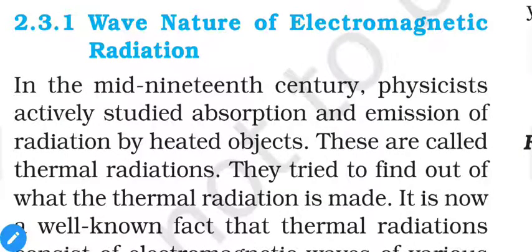In the mid 19th century, physicists actively studied absorption and emission. Absorption means that when we apply light on substances, they absorb energy from the light. For example, if we place a black material in sunlight, after a few minutes the temperature of that substance will increase.